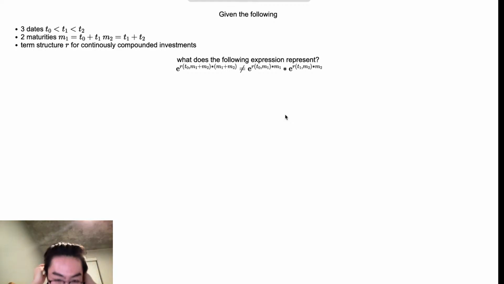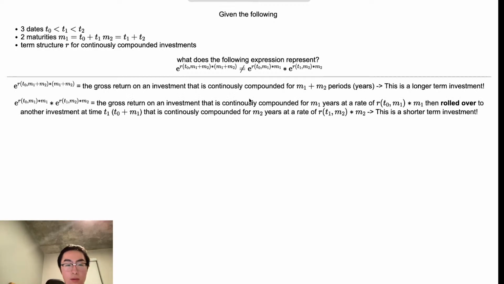So this is kind of disproving the expectations hypothesis in the sense that your implied forward rates, or holding a bond until maturity from T0 to T2, does not give you the same return as buying a bond at T0, holding until M1, and then buying another bond at T1 and holding until M2.